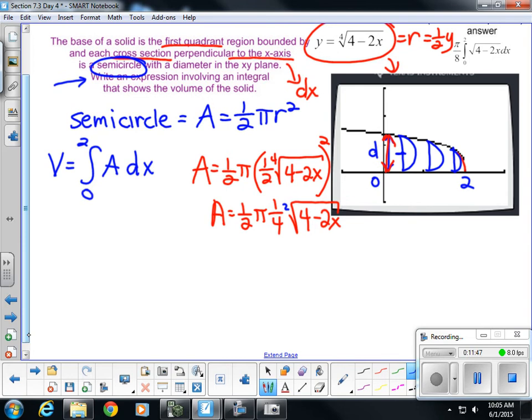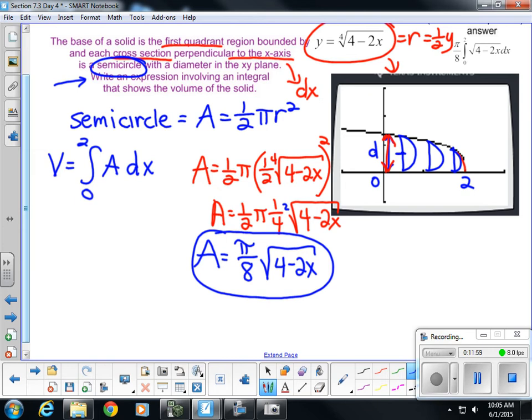So let's clean this up one more time. The area is pi over 8, and the square root of 4 minus 2x. All right, that's our area equation. We're going to put that into our volume. And let's finish this off, because we don't have to put it in our calculator and calculate. We just have to write the integral expression.